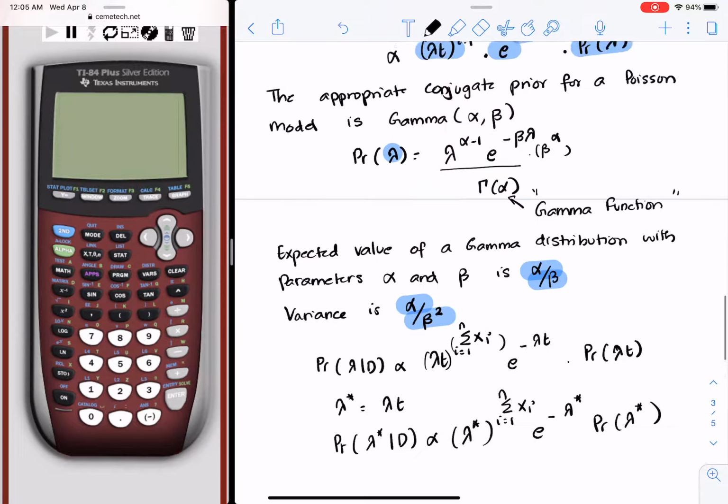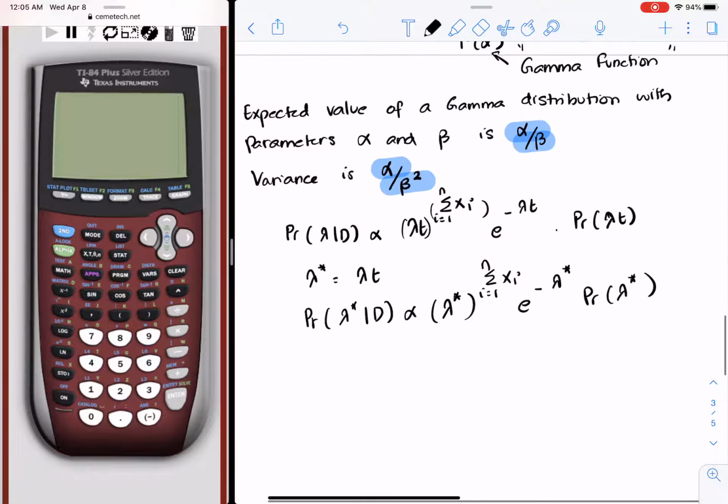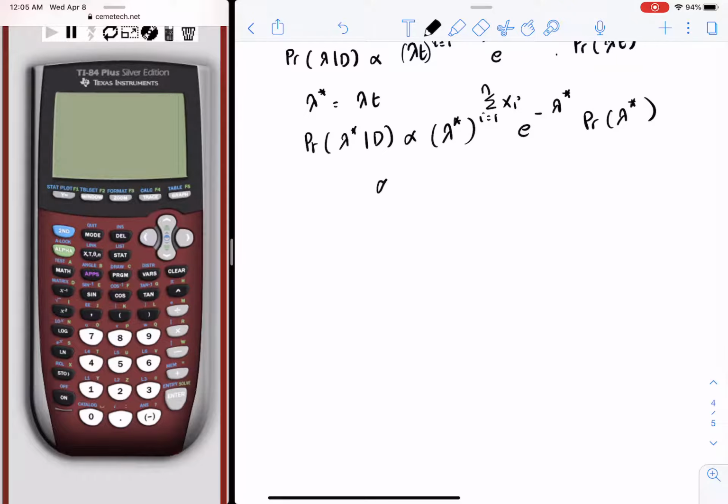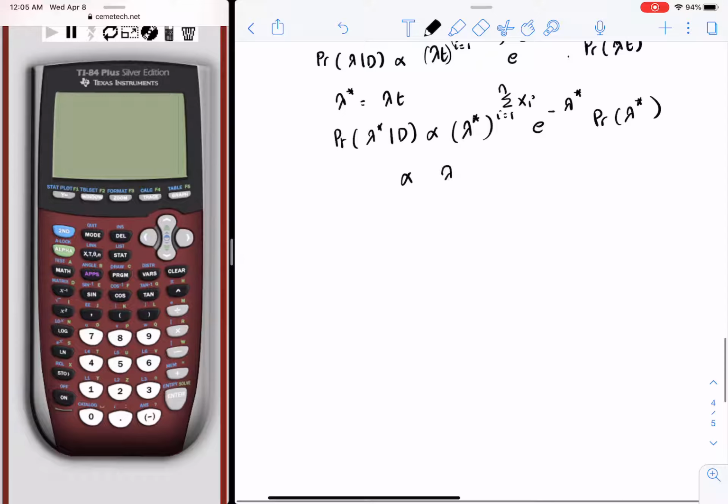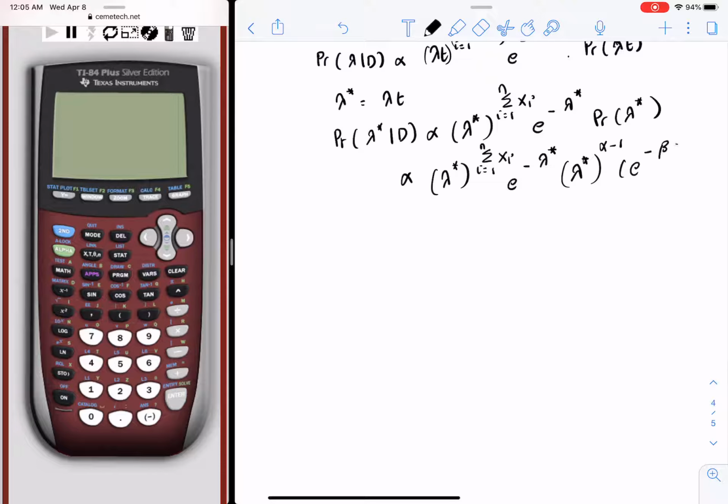So now I could just use the formula that is over there and replace lambda by lambda star. So we have lambda star raised alpha minus 1, e raised negative lambda star multiplied by lambda star raised alpha minus 1 and e raised minus beta times lambda star.